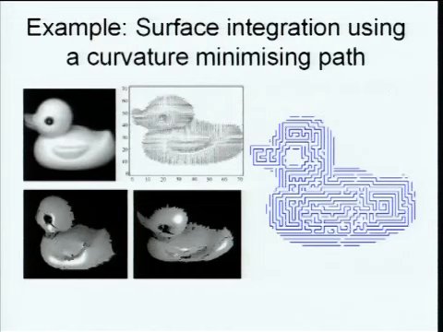And let me just show you an example here from a computer vision problem. This problem arises in something known as surface integration, and this is a subcomponent of the shape from shading problem. What shape from shading gives you is a field of surface normals at each location in an image, and these surface normals are recovered by trying to solve the image irradiance equation.